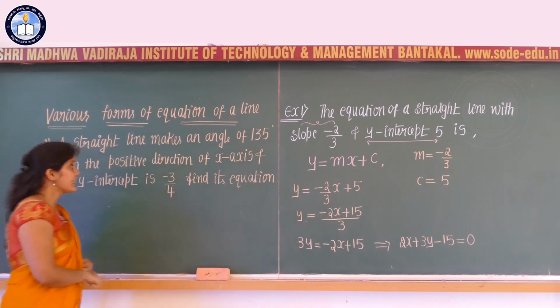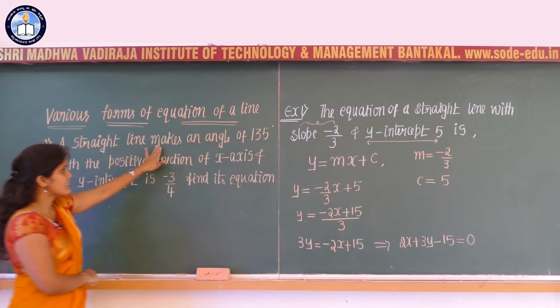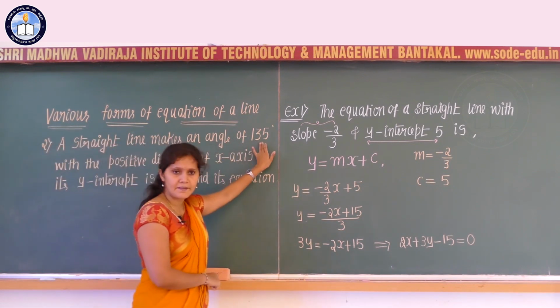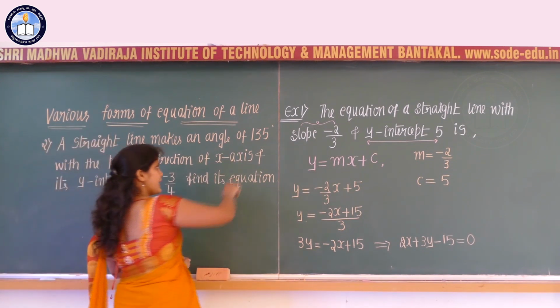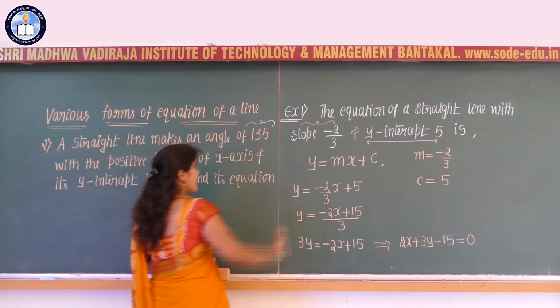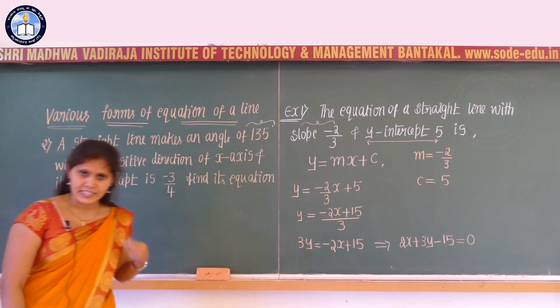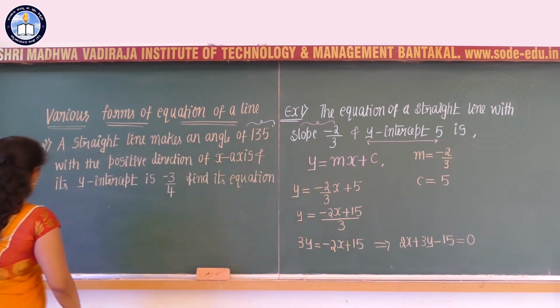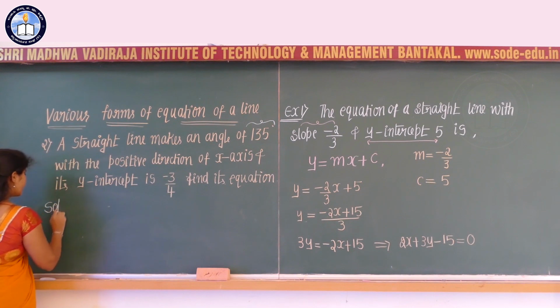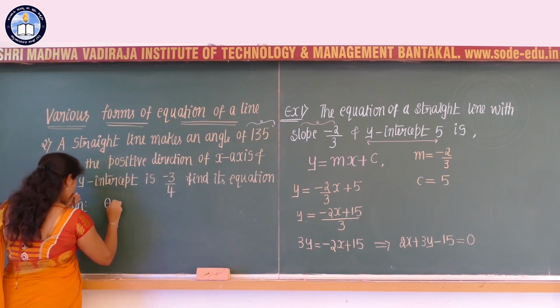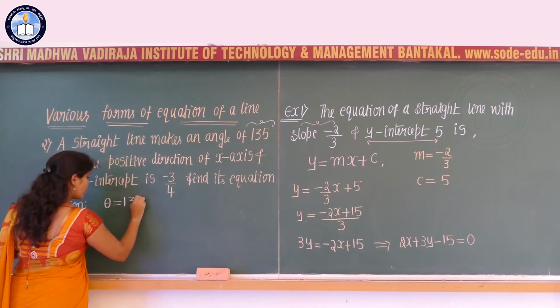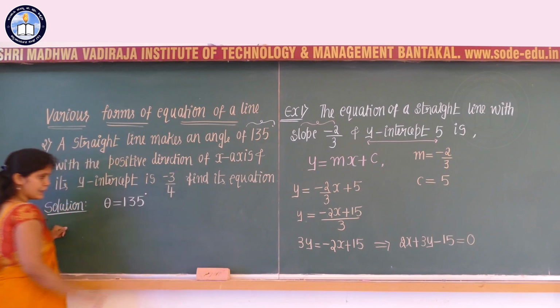So, find the equation of the line with respect to the given data. What is the given data? The straight line makes an angle of 135 degree. Instead of the slope, the angle made by the line is given. The angle made by the line is nothing but the inclination. So, let me write the solution: the angle made by the line, that is theta, is equal to 135 degree, correct?